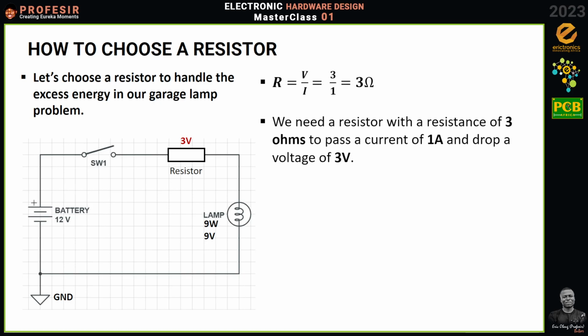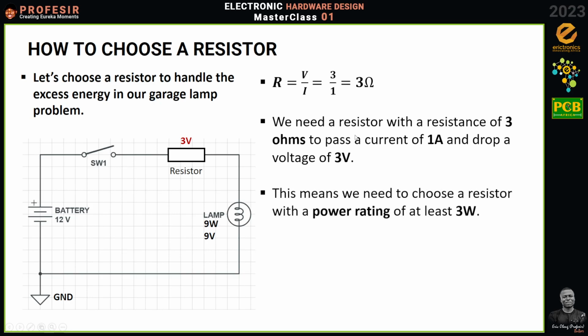Is that okay? But then remember, it is not only the resistance that we need, we also need the power rating of the resistor, okay? Because you can get a 3 ohm resistor that has a power of half watt, a 3 ohm resistor that has a power of 1/8 watt, a quarter watt, 1 watt, in that order, right?